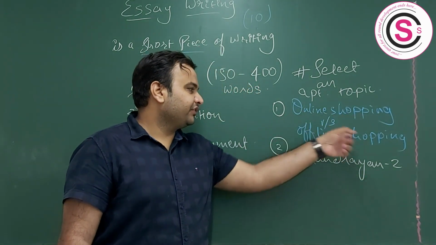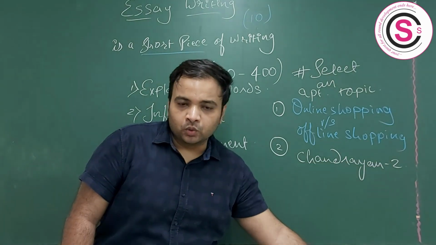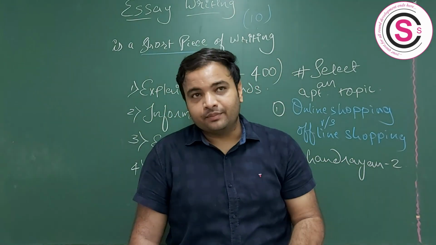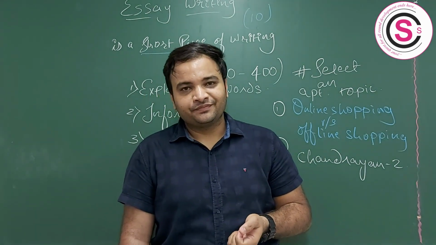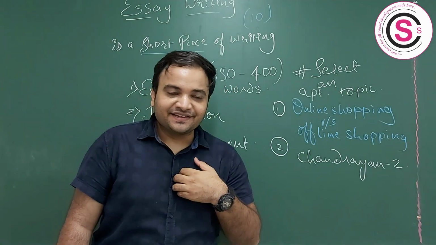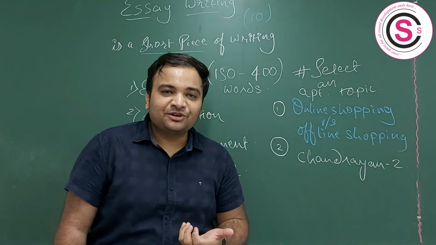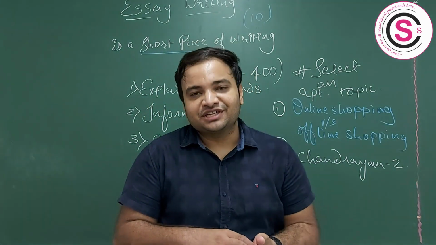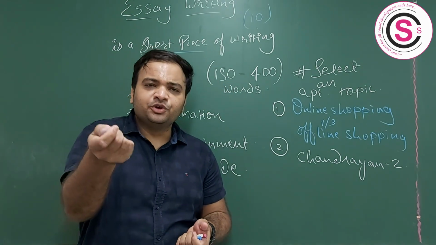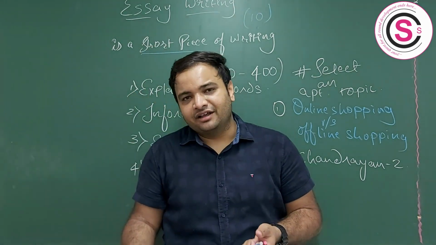So, online shopping versus offline shopping and Chandrayaan 2. Now if I ask you to choose either of these topics, what will you choose? If you ask me, as a child I would have had no idea about Chandrayaan 2. I know most people out there don't have much idea about it. They have just read it in the news somewhere, or an article or a blog.